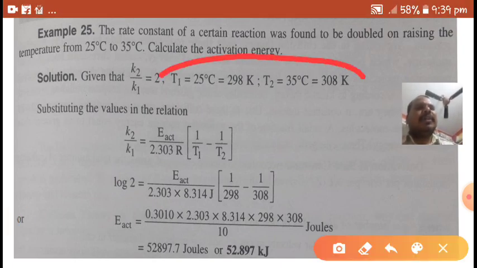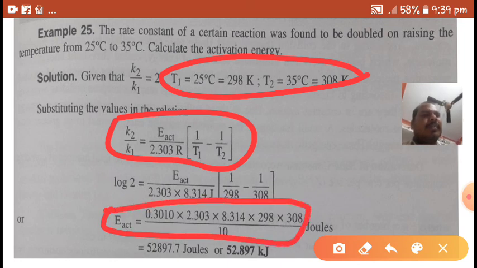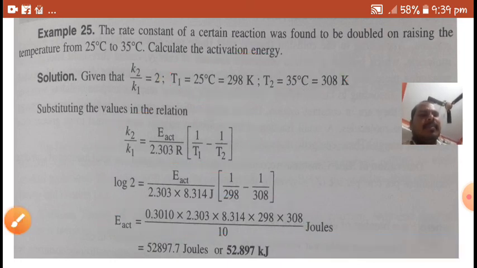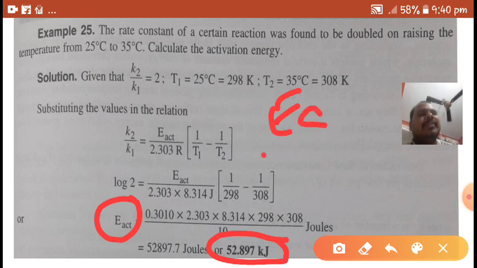Substituting all these values in the Arrhenius equation and simplifying, we get the activation energy, that is 52.897 kilojoules.